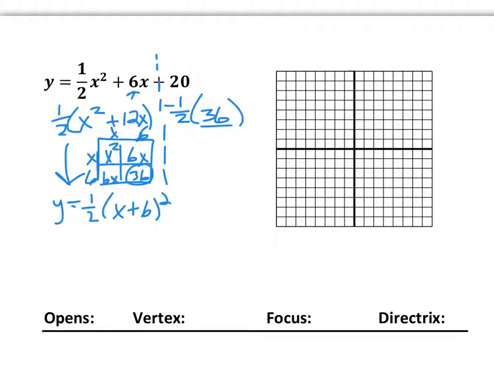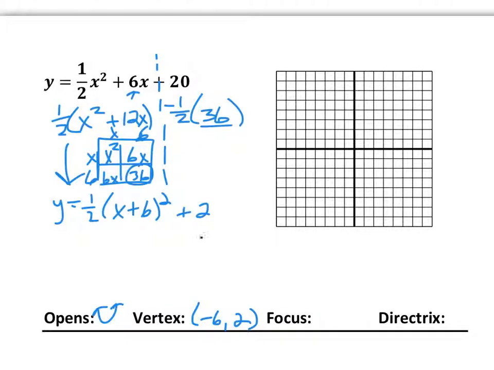So that would be 18 minus half of 36 would be 18, so plus 2. So x squared is, x is what's being squared, so this is going to open up. My vertex is negative 6, positive 2.